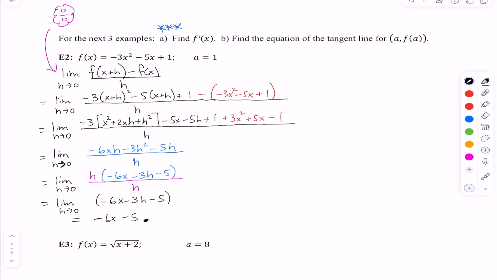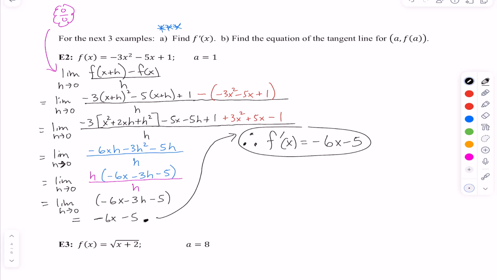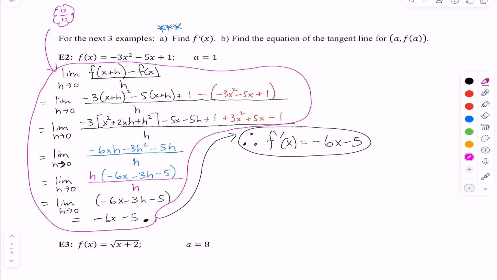So notice our final expression is a brand new function. Therefore, the derivative function, f prime of x, is also the instantaneous rate of change at any x value. And there it is. Even though I circled the final answer, that's only the second sentence. It's really the first sentence that helped you get that second sentence. So I'm going to circle that entire first sentence as well.